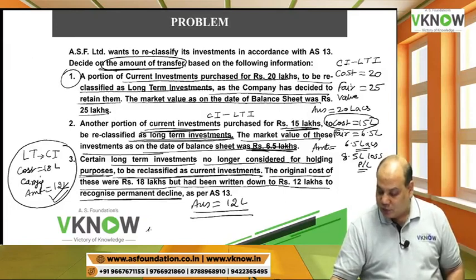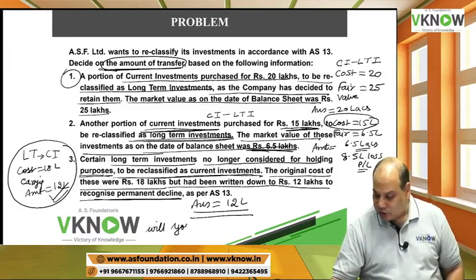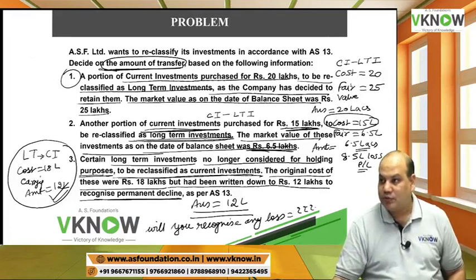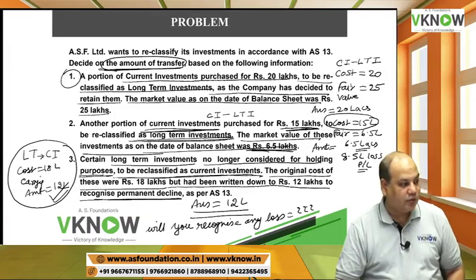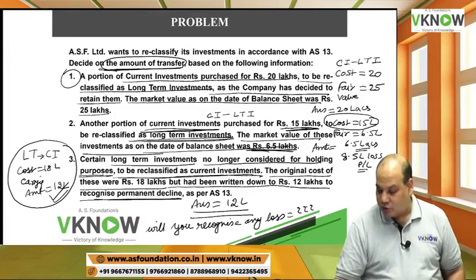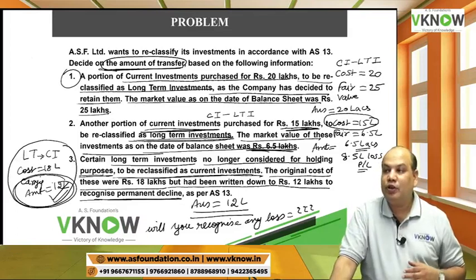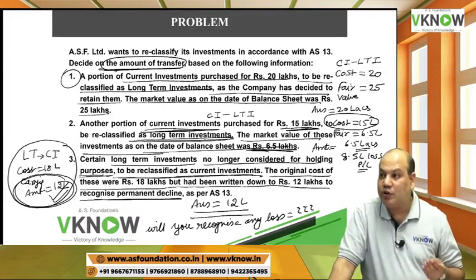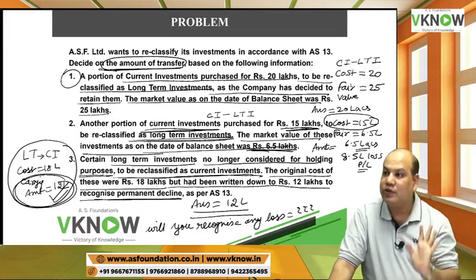Will you recognize any loss in the third example? How much? One student is saying we will recognize 6 lakh. But the answer is no. Its carrying amount is already 12 lakh. What is carrying amount? Book value. The 6 lakh rupees loss was already provided in the previous year.